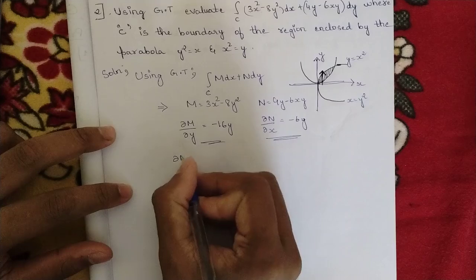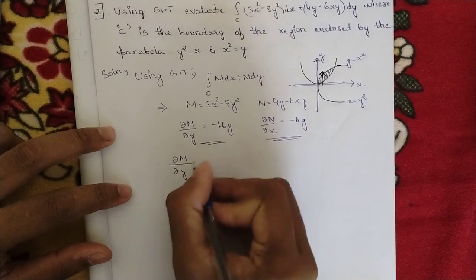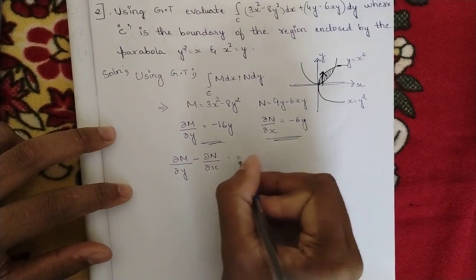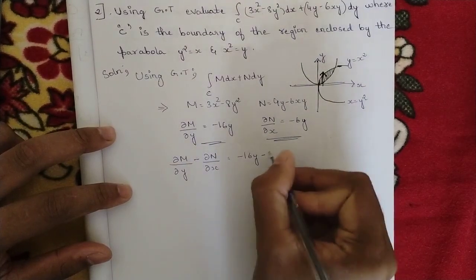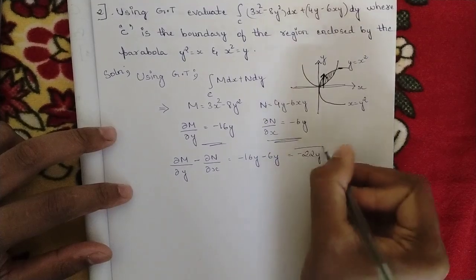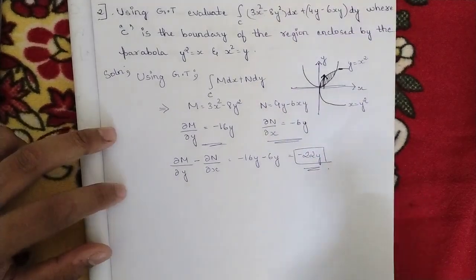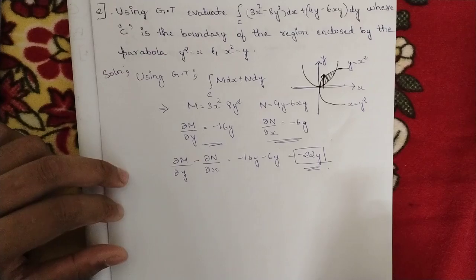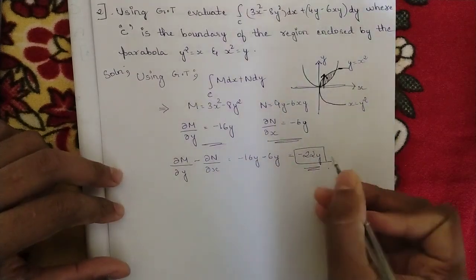Now, according to the formula, we simplify dou m by dou y minus dou n by dou x, that is minus 16y minus 6y. If you solve it, you will get minus 22y. Or rather, it is the reverse of that.